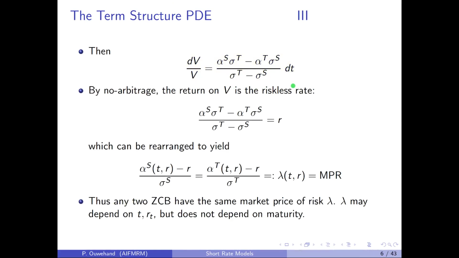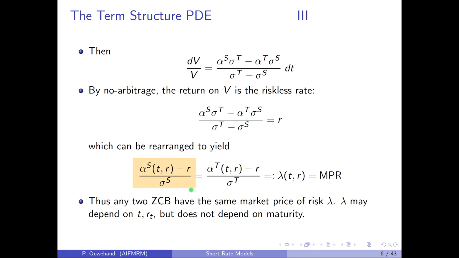As this is locally riskless, there is no Brownian motion component, by no arbitrage the return on V must be the riskless rate, and therefore this expression here is equal to the short rate. A little manipulation shows that you can rearrange this expression to put all the S terms together and all the T terms together.